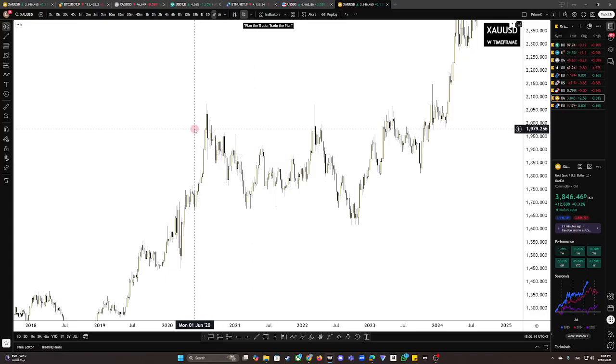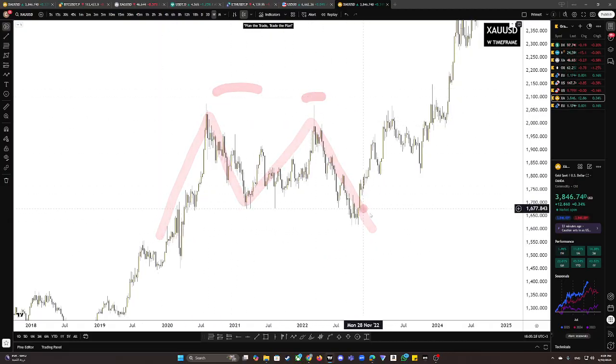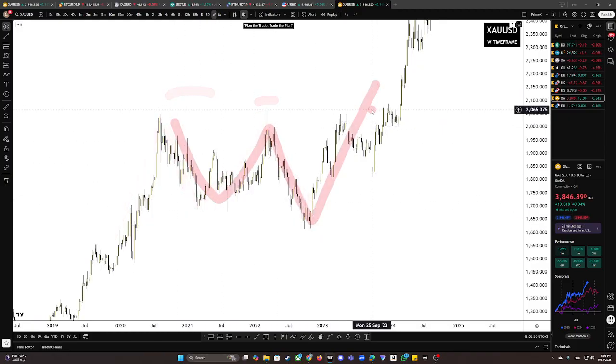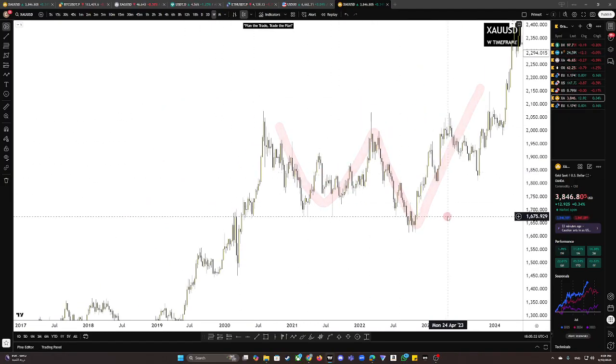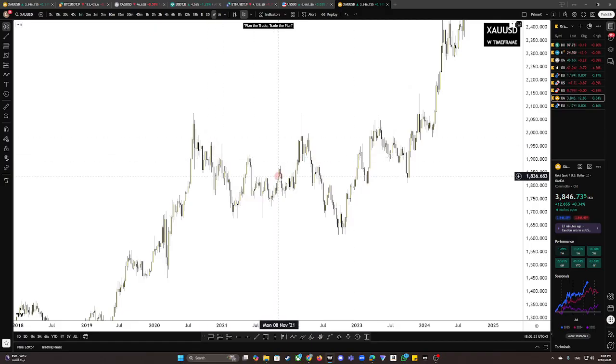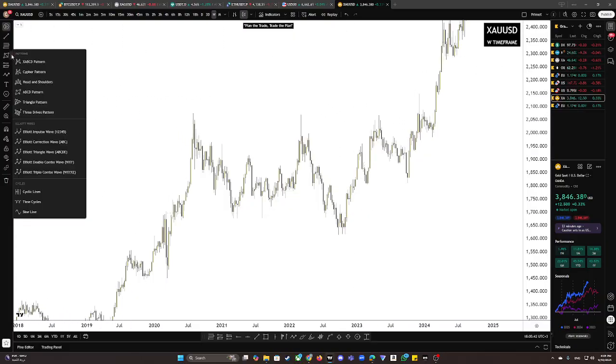Now as soon as you add these levels on the chart, let's open TradingView together. Here we are on TradingView, and all you need to do is look for the patterns that we talked about. You either look for an N, or an M, or a W. At first you will mess up a little bit because they can all be similar sometimes, but there are two tools that you need on TradingView to draw the harmonic patterns.